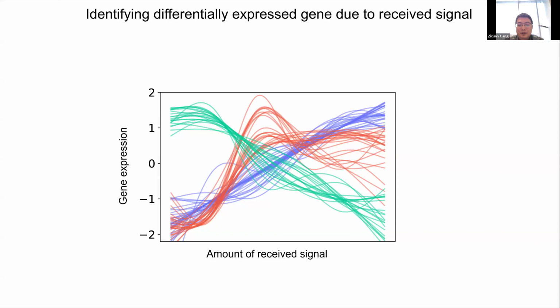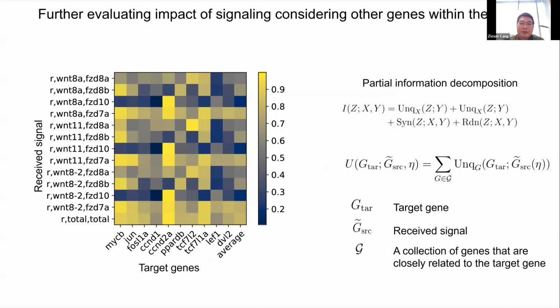So these are more like a correlation analysis, and we could also try to dissect it more using partial information decomposition. This is a long-existing method.